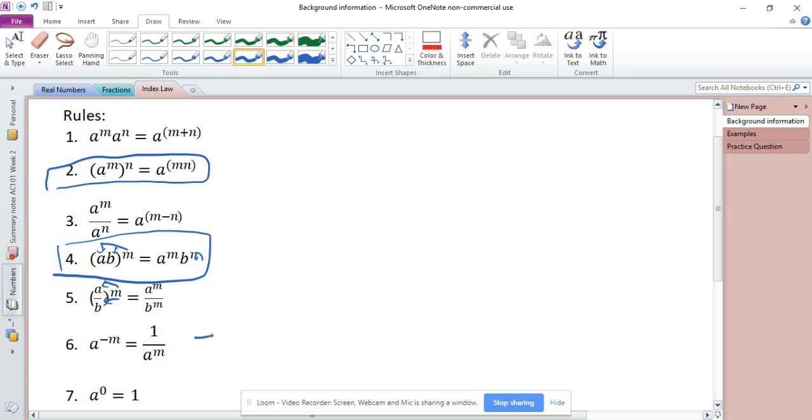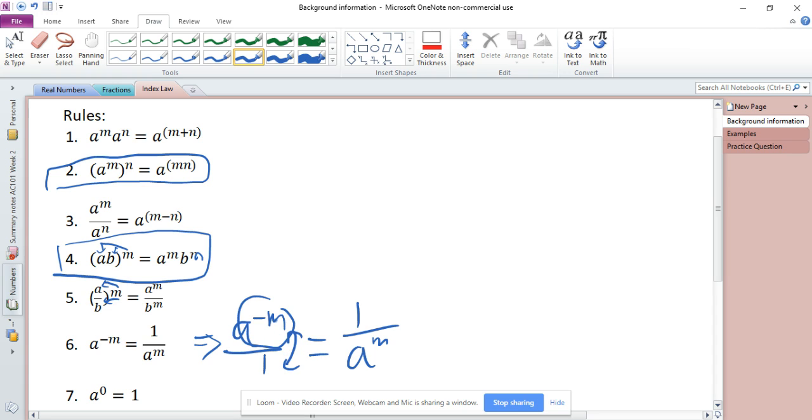So let me explain a little bit more. Basically, a power of minus m divided by 1 is equal to 1 over a power of m. So if you want to make it positive, or change the sign of the power, you just need to swap it to the opposite side.